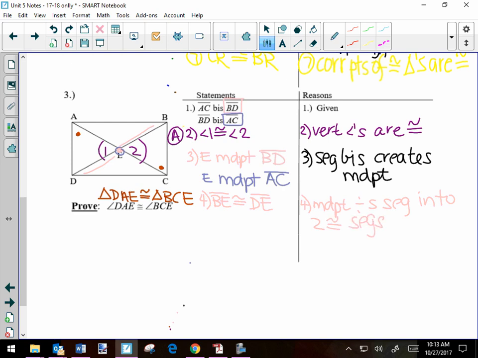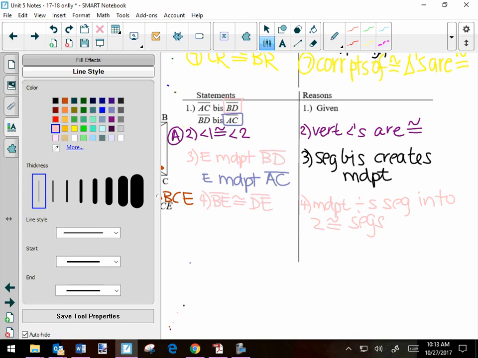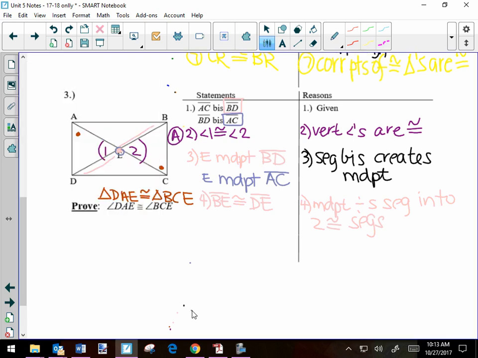But I also have another midpoint listed in line 3, and that is that E is also the midpoint of the segment that goes from A to C. So I have 2 other little parts that are congruent to each other, and I'm going to write that in the same statement because it's for the same reason. The midpoint gave me those 2 sides congruent to each other.